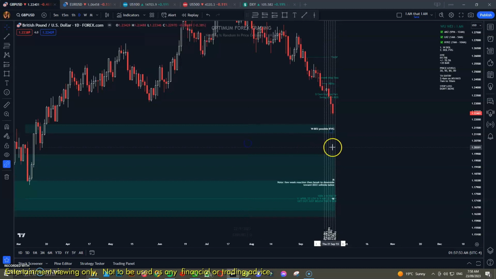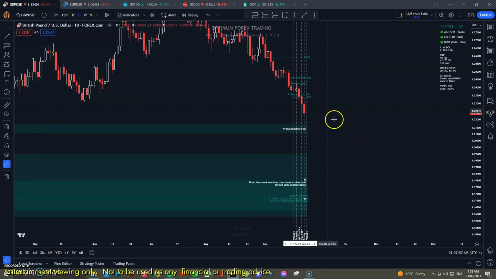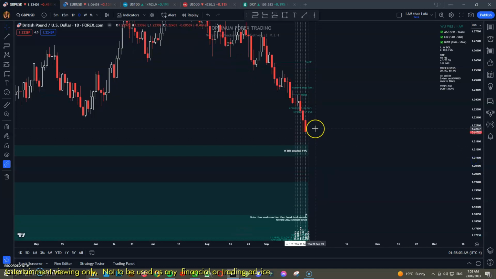Okay, so anyways, just real quick, for this coming week, I am still bearish. If the market gives me a chance to trade on Tuesday, because I don't trade Mondays, I'm still looking for a bearish entry to create the low of the month, and then I'll be out of the market.